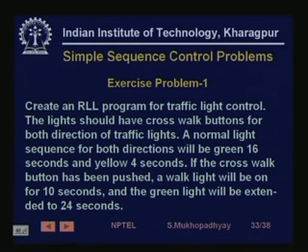Problem number 1 says, create an RLL program for traffic light control. The lights should have crosswalk buttons for both directions of traffic lights. A normal light sequence for both directions will be green 16 seconds and yellow 4 seconds.